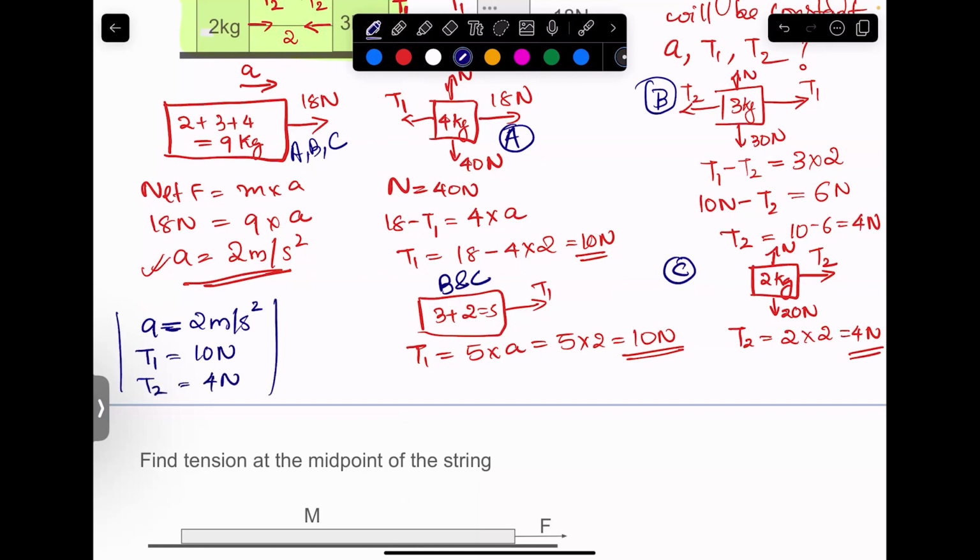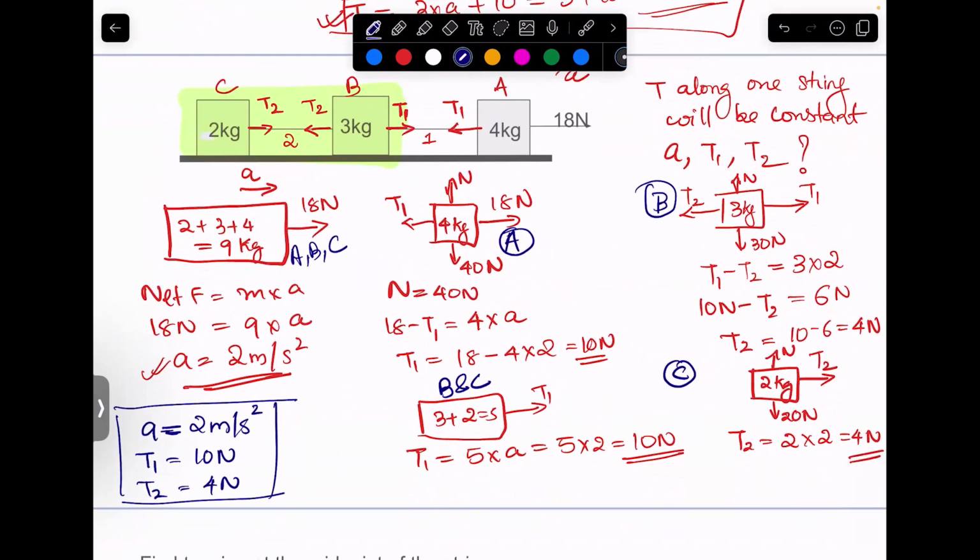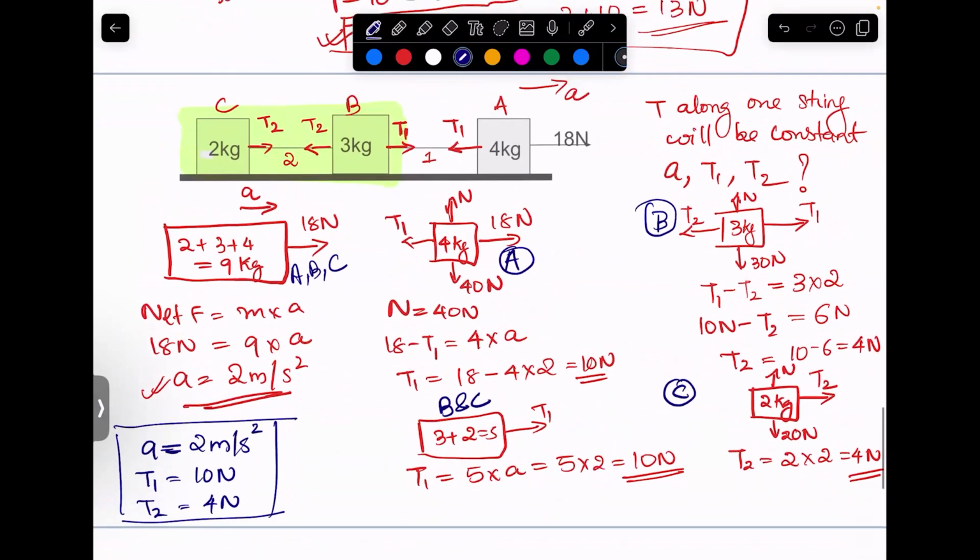This is how you derive the forces. So the easiest way to find the forces is by seeing the free body diagrams of A and C. Because here 18 Newton is given, and the acceleration we have already found.